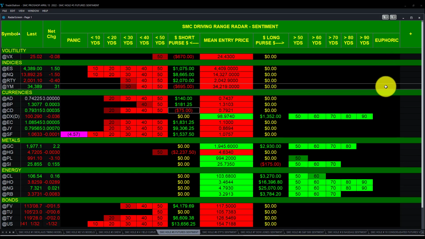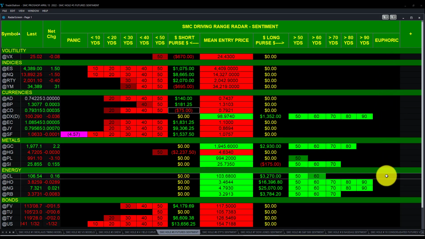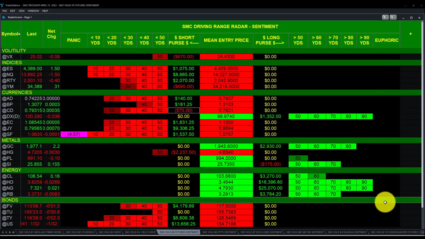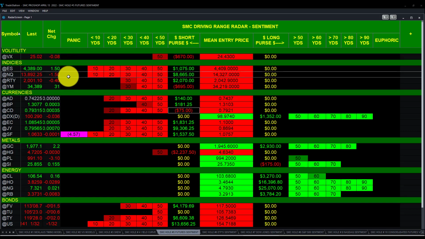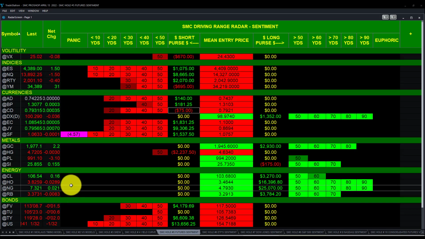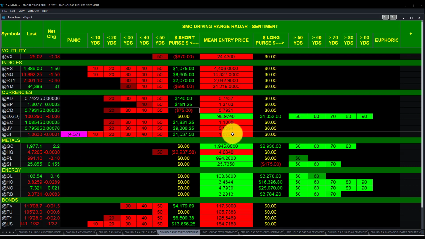When any stock or market is in euphoria, the likelihood that it's going to move back toward its mean is some 95% over the next 20 days. Not a guarantee, but a high likelihood. And when it's in panic, it is likely to move back up toward its mean, to the likelihood of some 95%.